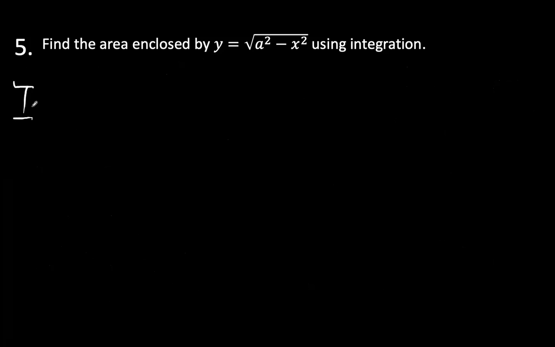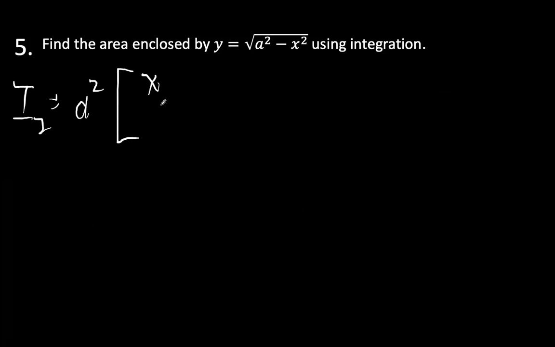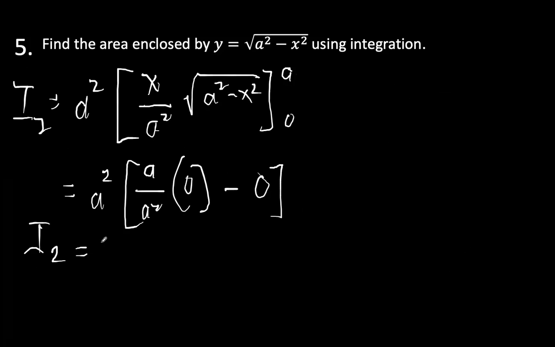So we have integral 2 is equal to x times the square root of a square minus x square over a square, from a to 0. Here we go. If x is a, this becomes 0, right? Minus, since x is 0, this is 0. So everything is 0. Therefore, I2 is equal to 0.